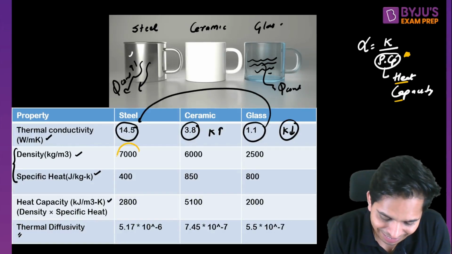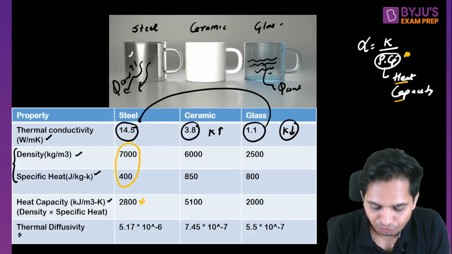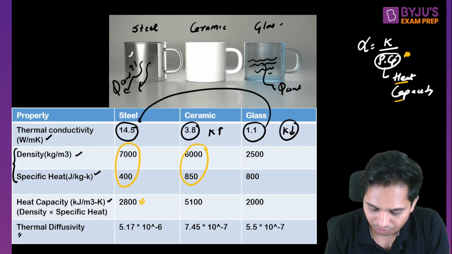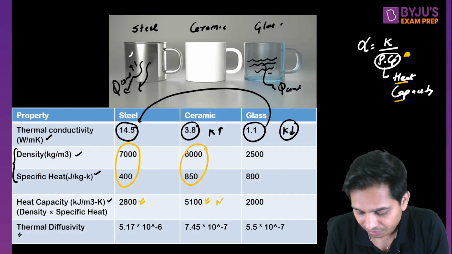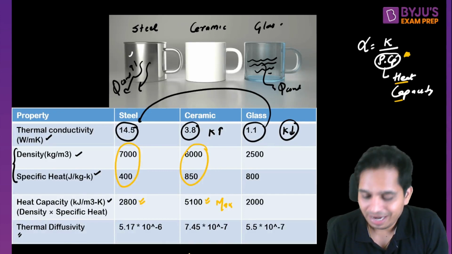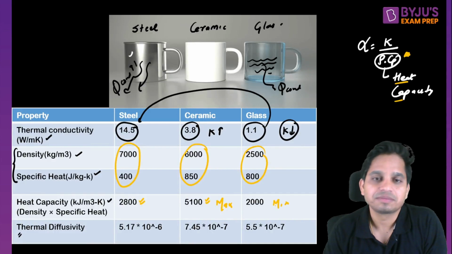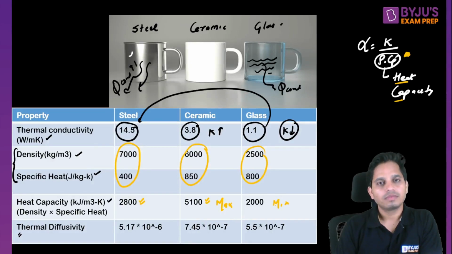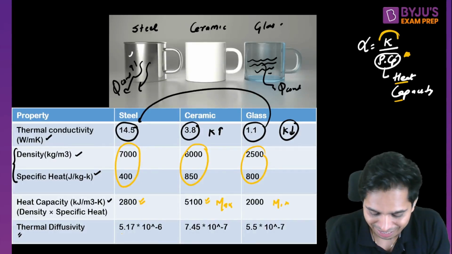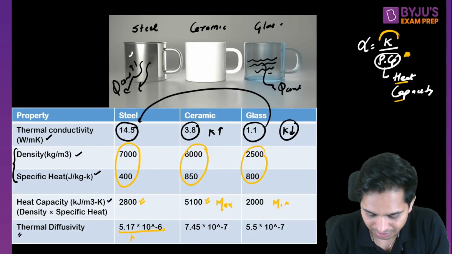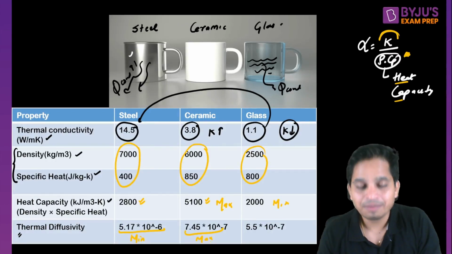If you multiply density and specific heat, you see it is 2800 for steel and 5100 maximum for ceramic and lowest for glass. But when we take this ratio, alpha is minimum in steel and it is maximum in ceramic.